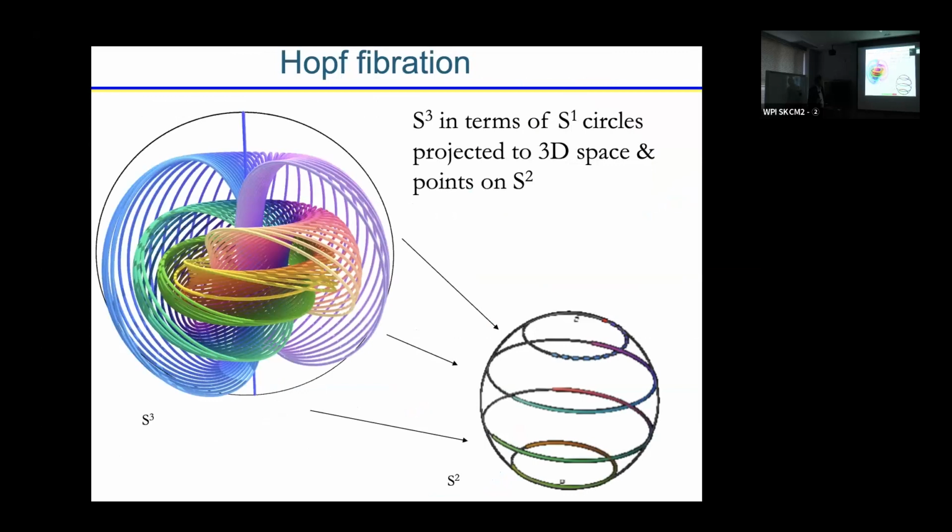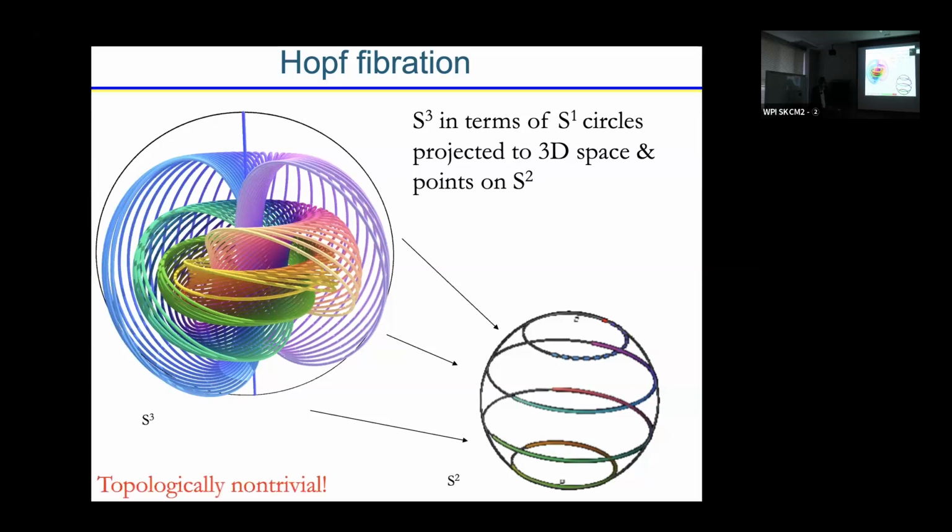And this brings us to the so-called Hopf fibration, which is a mapping from S3 to R3, where we also represent every circle that we get as a point on the S2 sphere, right? So for every point on the S2 sphere, we have a circle in a three-dimensional space, or in R3.